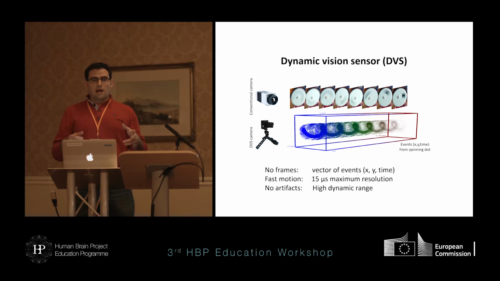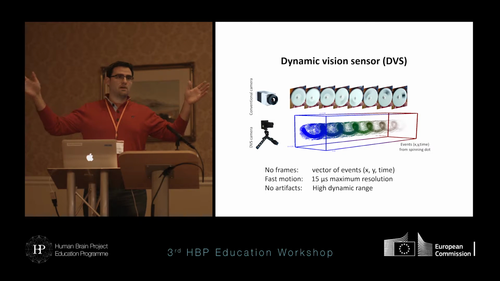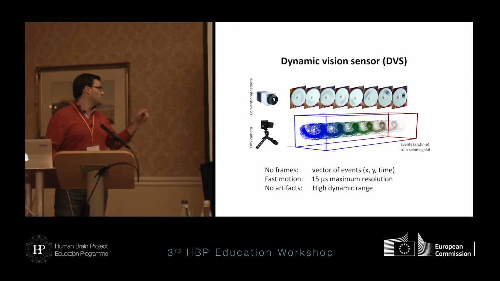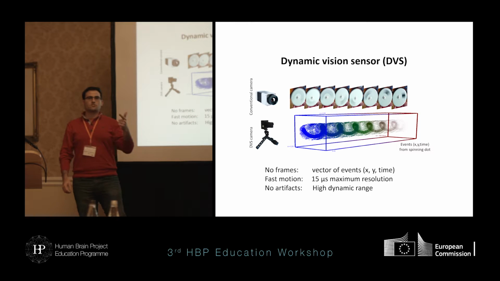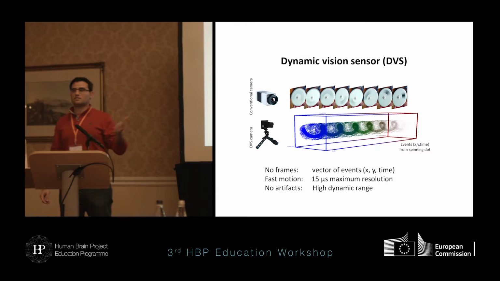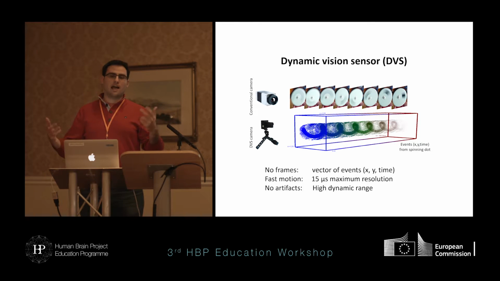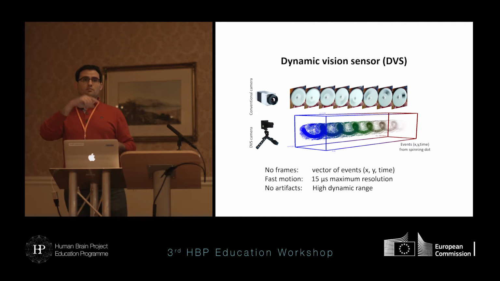The kind of output that you get from this sensor is a huge one-dimensional vector with elements that have, as you see here, x, y, and t. So x, y, the position where the change happens in the scene, and t, the time at which this change happens. And one last piece of information that is not there in the slide, which is the polarity. So if the change was positive, so if the luminance is increasing, or negative, decreasing.